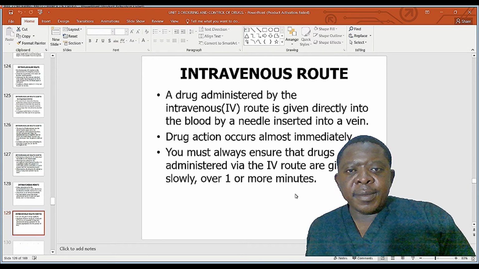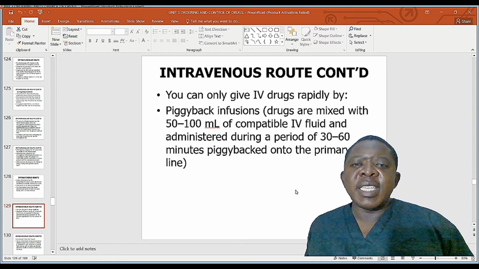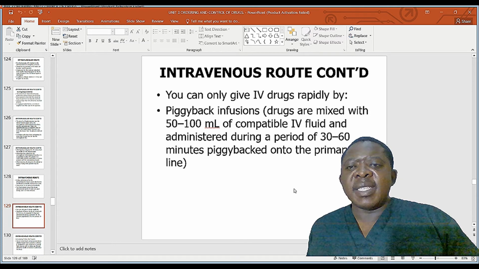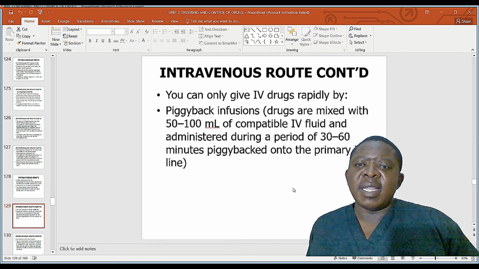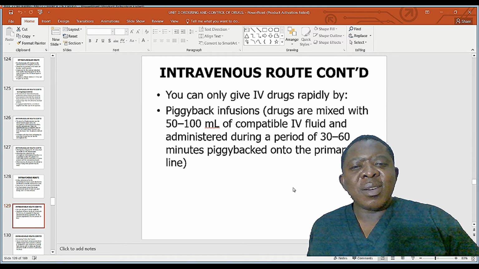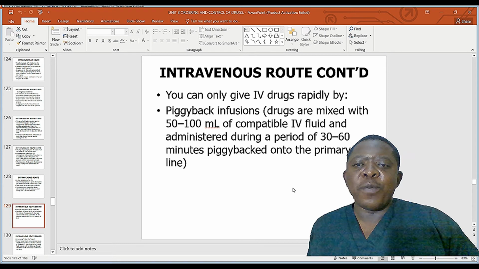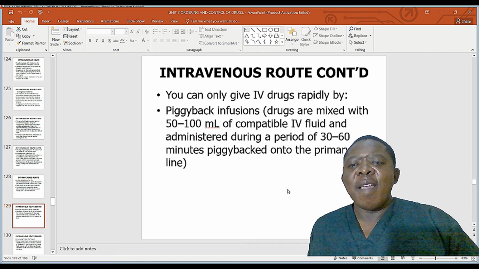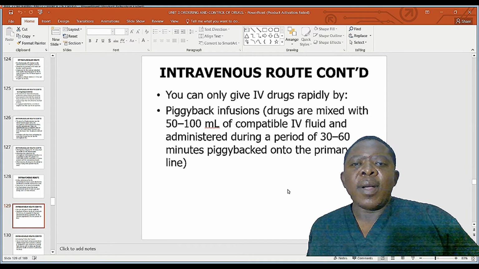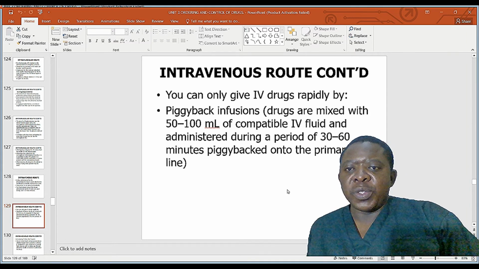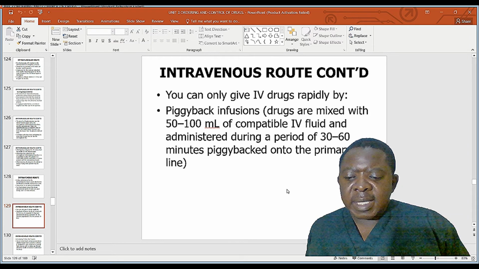I can only give intravenous drugs rapidly by, let's say, piggyback infusion. That is drugs that are used with 50 to 100 ml of compatible IV fluids and administered during a period of 30 to 60 minutes, piggybacked onto the primary intravenous line.